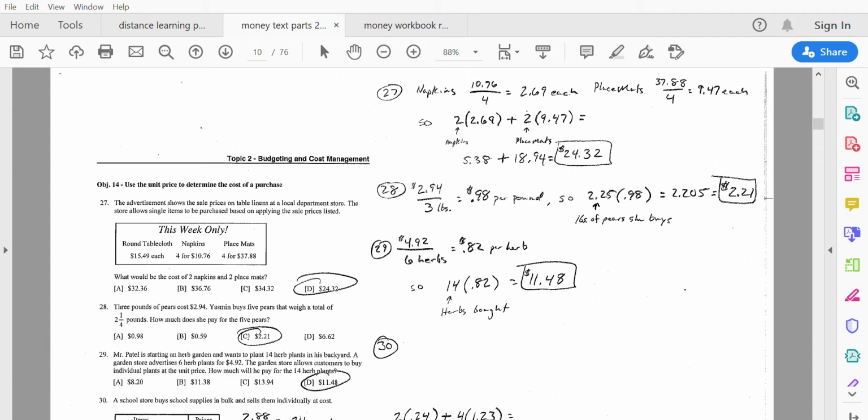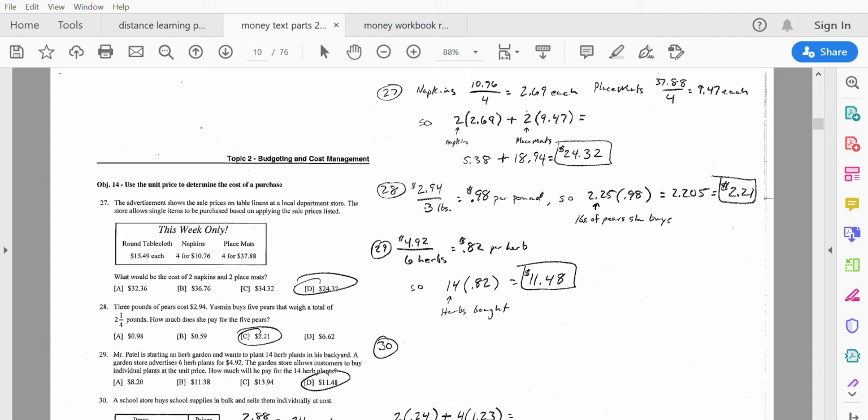Number 29. Starting an herb garden, he wants to plant 14 herbs in the backyard. The store advertises 6 herb plants for $4.92. The store allows customers to buy individual plants at unit price. So how much will he pay for 14? This is a little bit like 27. The first thing we got to do is understand that the store allows you to buy any amount.